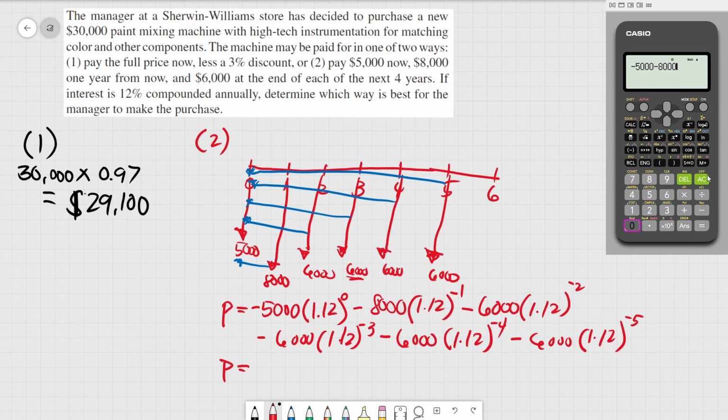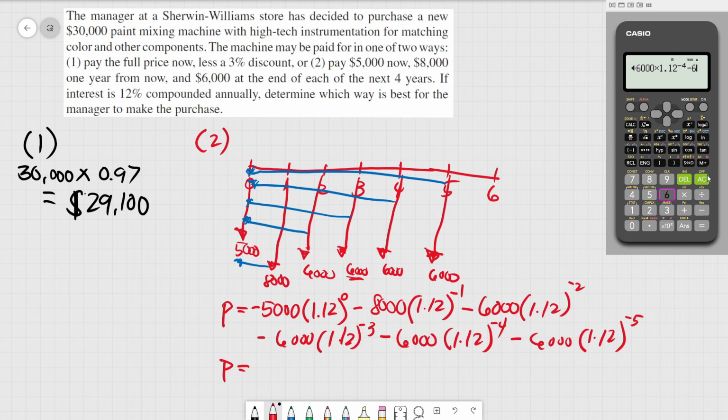So, minus 8,000 times 1.12 raised to negative 1, minus 6,000 times 1.12 raised to negative 2, minus 6,000 again times 1.12 raised to negative 3, minus another 6,000 times 1.12 raised to negative 4.